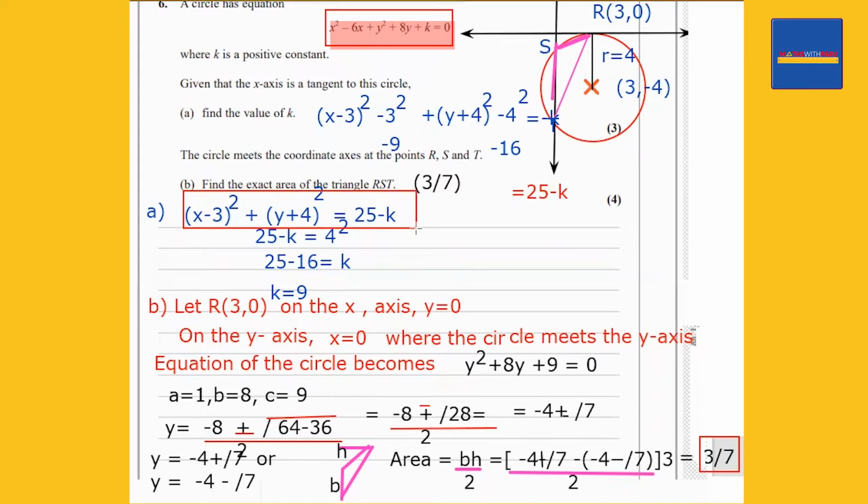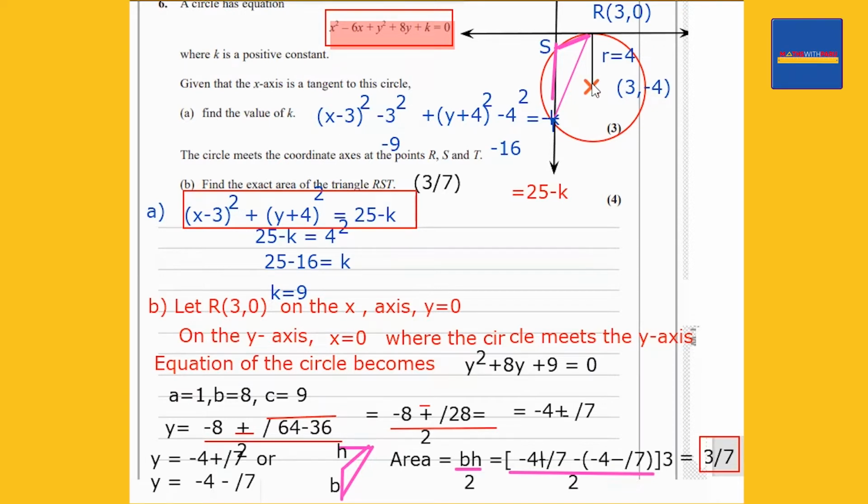Now, with the information I have, I'm going to find the center of the circle. So the center of the circle has coordinates 3, minus 4. Here we have 3, minus 4, which is here.